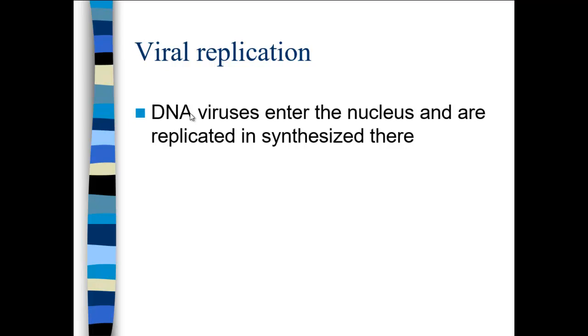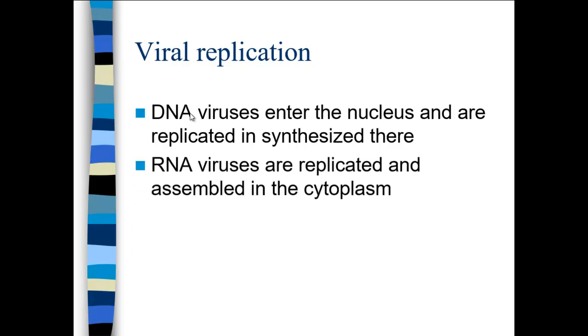DNA polymerase only exists in the nucleus of eukaryotic cells, and so therefore the virus can only replicate if it goes into the nucleus. RNA viruses are replicated using RNA polymerase, and RNA polymerase exists both in the nucleus and the cytoplasm. So RNA viruses are replicated and assembled in the cytoplasm.